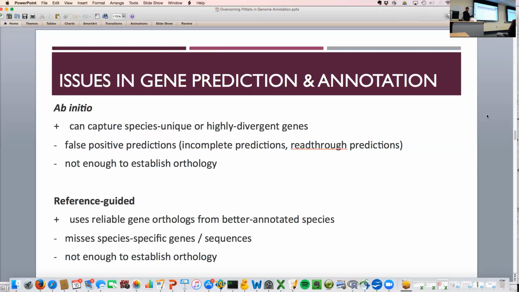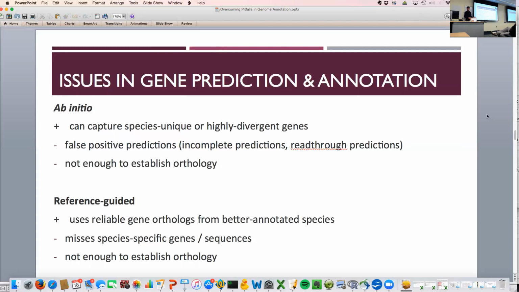And even with reference-guided methods, where you're taking a gene set and aligning it to your gene of interest, I think you get a lot higher confidence doing prediction methods based on that. But it's dependent on using reliable gene orthologs from other species. And even chicken and zebra finch are not completely annotated, or the annotations are not one-to-one orthologies all the way across yet.